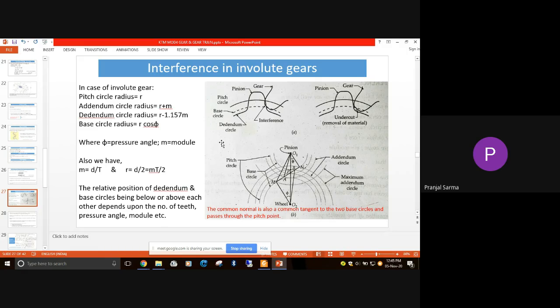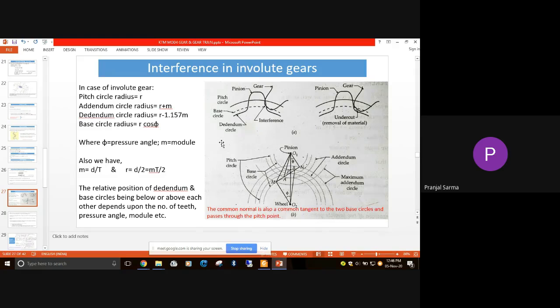Now, we are saying that interference is a problem which sometimes occurs in involute gears, and that is why we are talking about the base circle, addendum circle, etc. If a gear has a very small number of teeth, it also gives you an indication about its size.